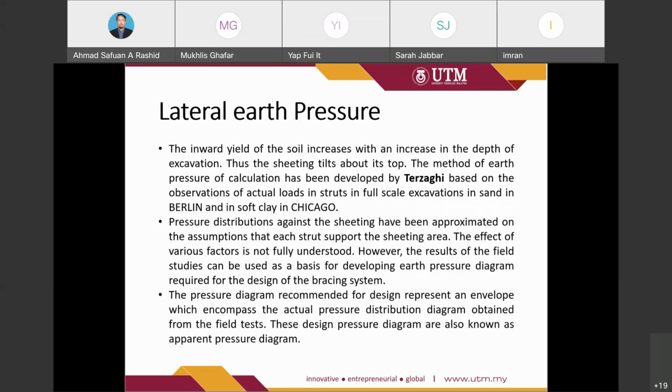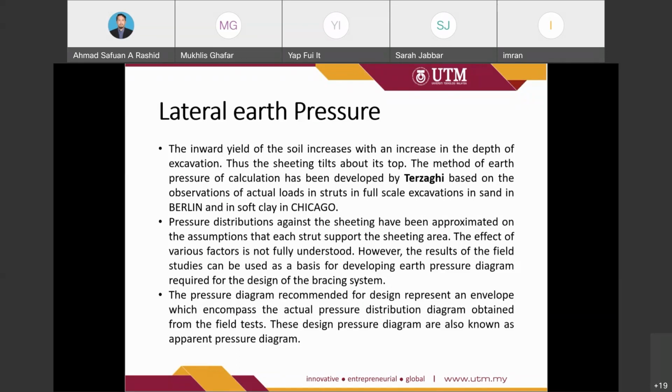Thus, the sheeting tilts about its top. The method of earth pressure calculation was developed by Terzaghi based on the observation of the load in struts in full-scale excavations in sand in Berlin and in soft clay in Chicago.